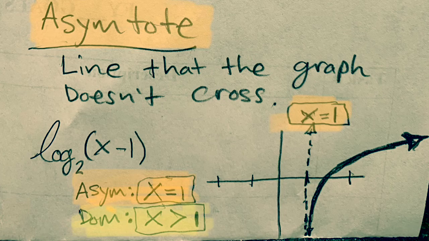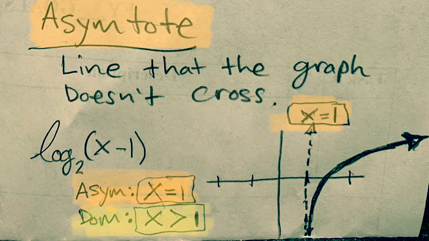So if your input is x minus 1, the very first number x can't be is positive 1, and it's the opposite sign. And so the asymptote is always x equals the opposite sign of that number. And we call it x equals, in this example, x equals 1, because x equals 1 is a line.